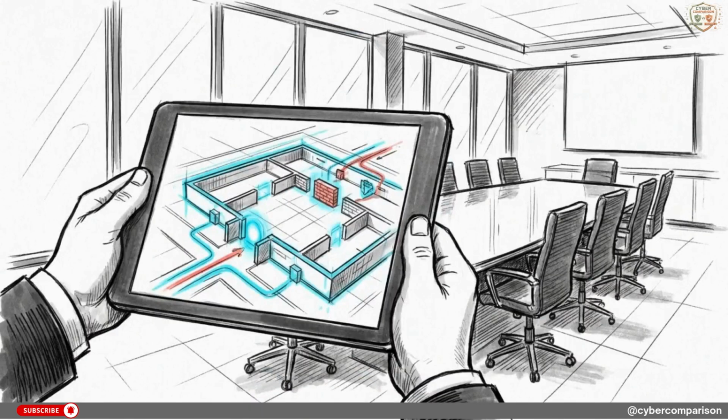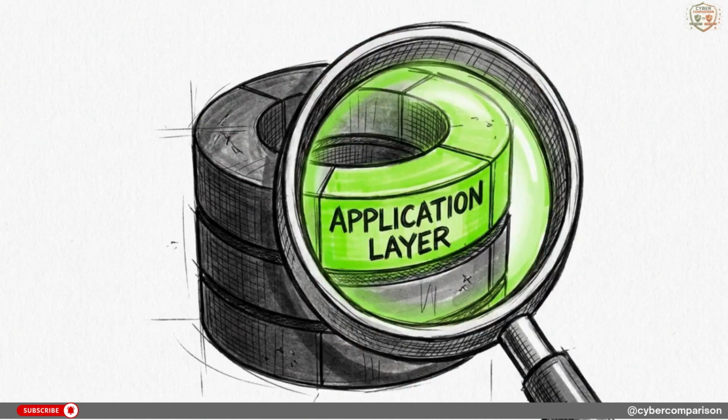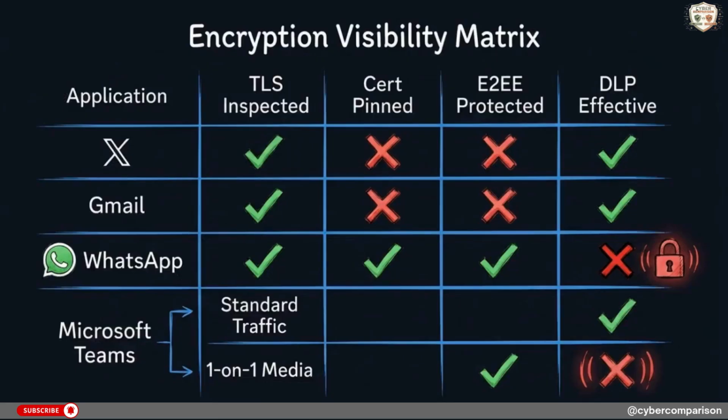This reality requires a shift in how you evaluate and purchase security platforms. Asking a vendor if their proxy can decrypt HTTPS is a deeply flawed question that yields incomplete answers. The mathematically correct question you must ask is, at which specific encryption layer can your tool obtain plaintext? Build an encryption visibility matrix prior to deployment.